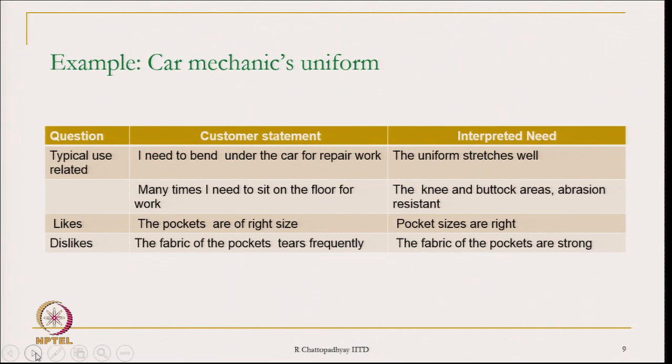Because when he sits on the floor, which is usually rough, and when he crouches while performing his task, these are the areas which will come into contact with the rough surface, the knee area of the uniform and the buttock areas of the uniform. Therefore, we feel that these areas should be abrasion resistant.